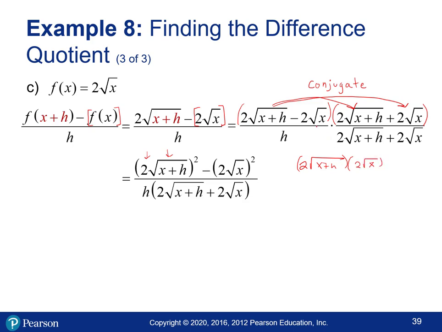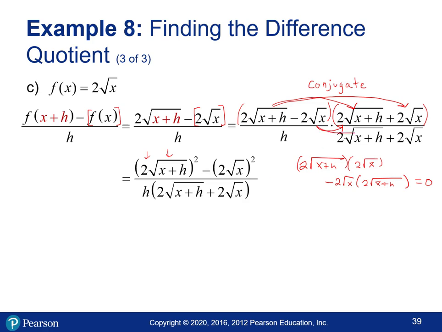And then inner times inner is negative 2 square root x times 2 square root x plus h. And so notice what happened there. These two, when you combine them, they add up to 0. Okay, so that's why they're not written.